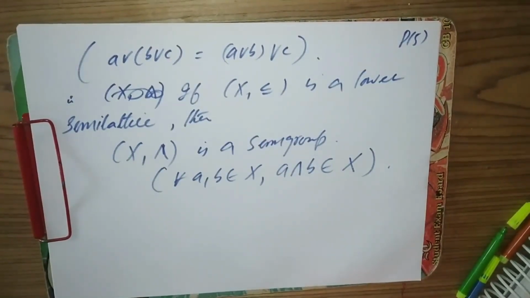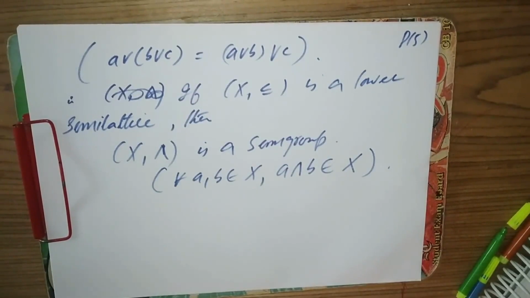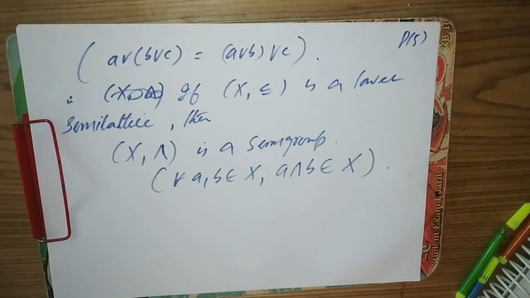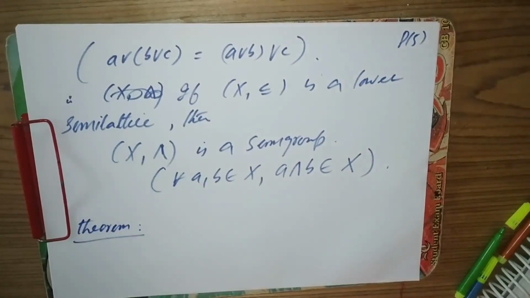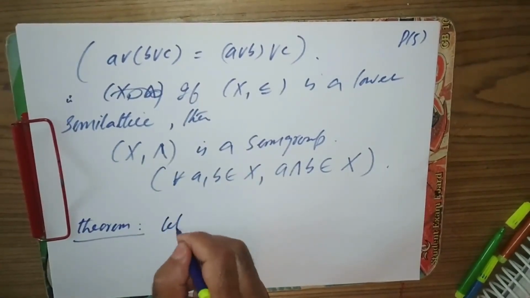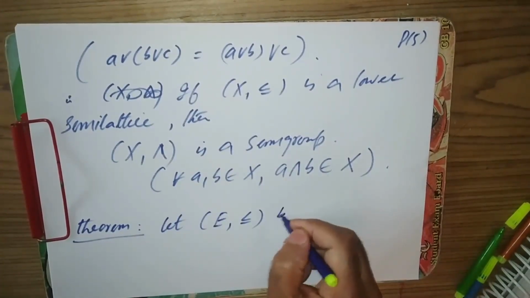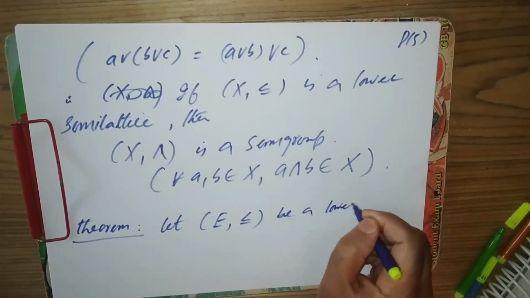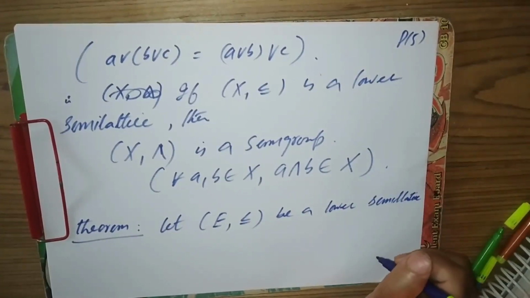Now next we have the following theorem, which gives the connection between a lower semilattice and a commutative semigroup with each element idempotent. Let E together with the relation less or equal to be a lower semilattice.